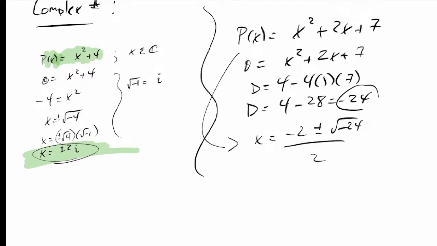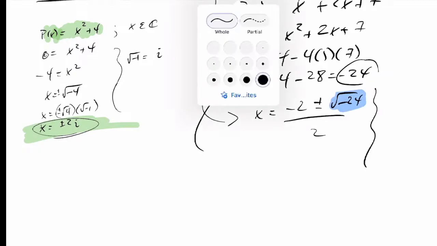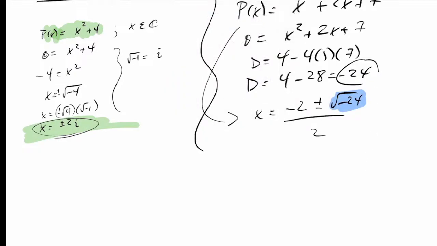Okay, so with this one you got the square root of negative 24. You can break that up in terms of its complex number. The root of negative 24 you can write as the root of 24 times root of negative 1.